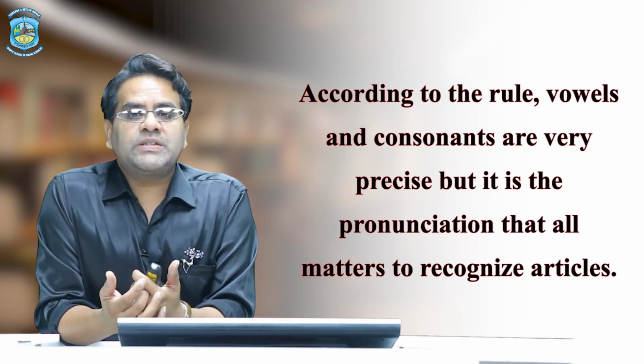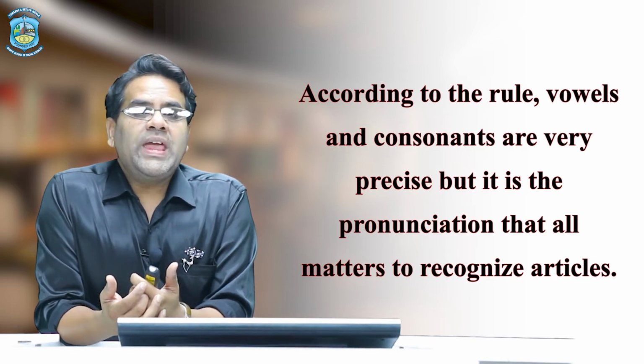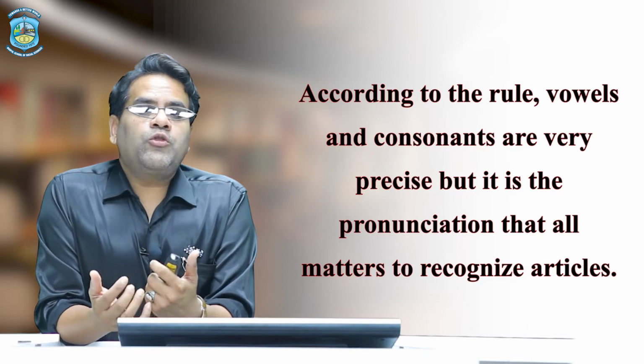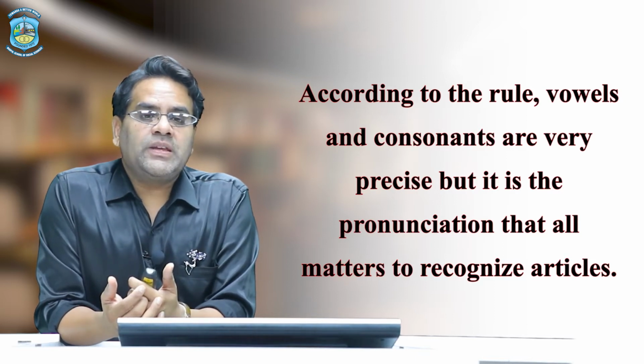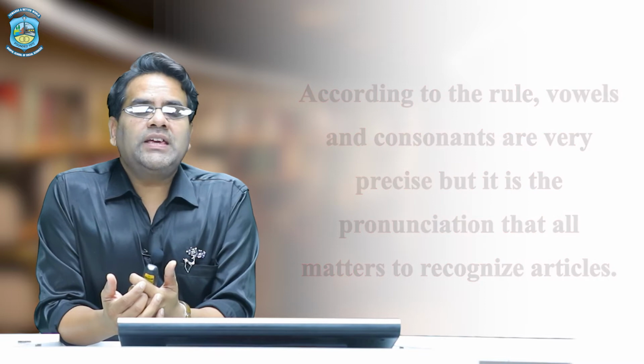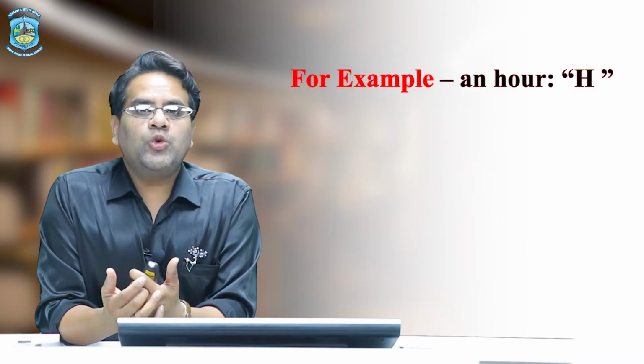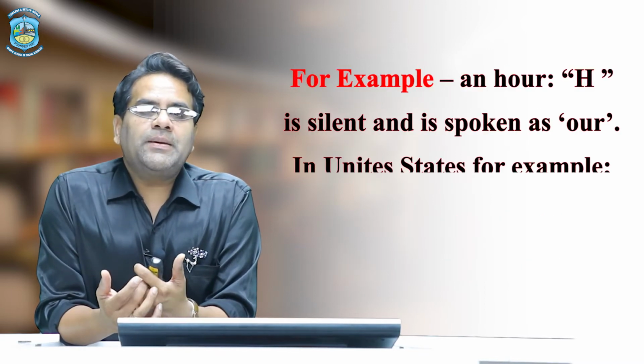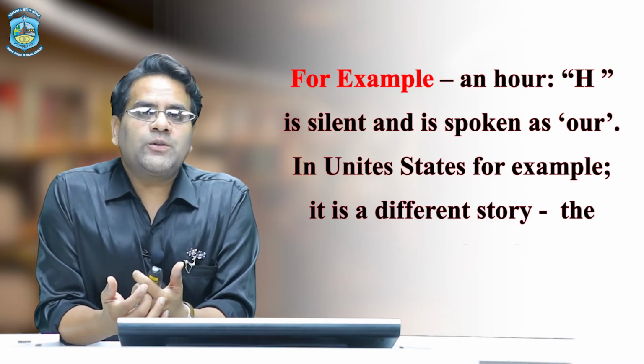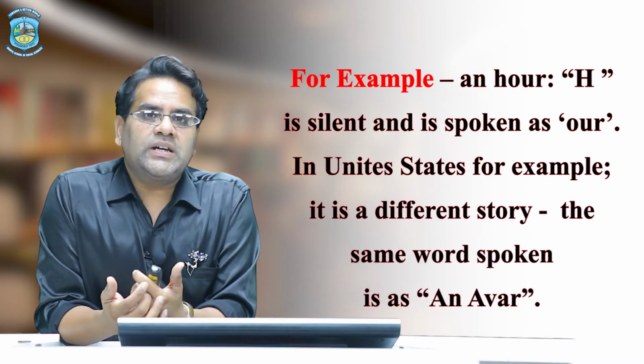And we have to be very precise because we have to consider this part for the process of pronunciation. For example, if I take the word H-O-U-R, in America, Americans will pronounce this word as hour.